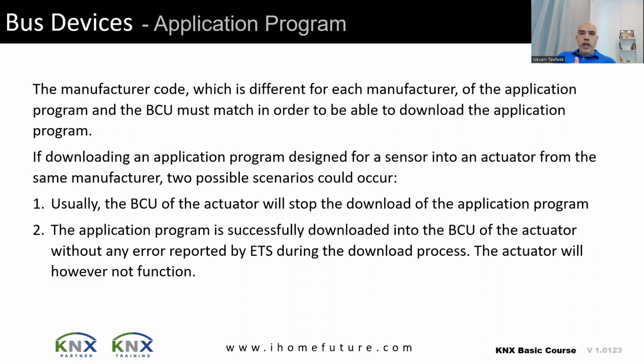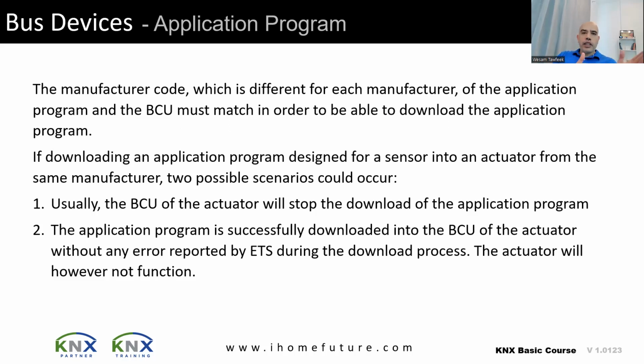Here, two things can happen. If the manufacturer is different, then the BCU will detect that the manufacturer is different and will not allow the transfer. So when you are downloading from the ETS software from a different manufacturer, the ETS will give you an error and the download will not take place. However, if the manufacturer is the same, then the ETS might allow the download.